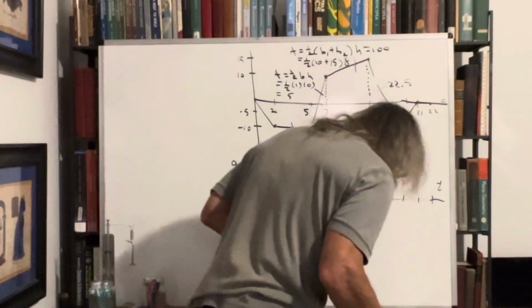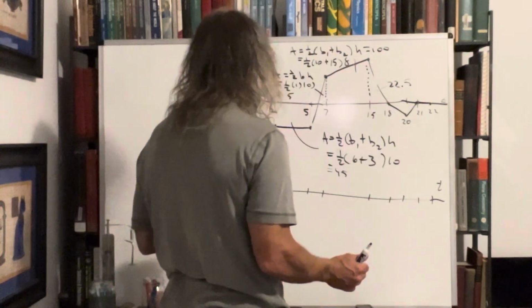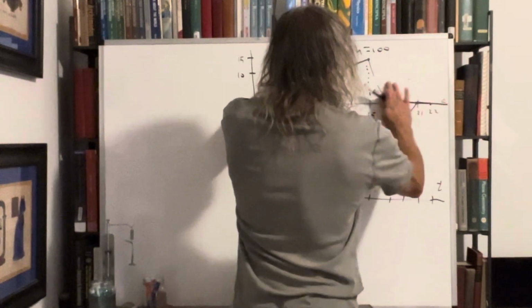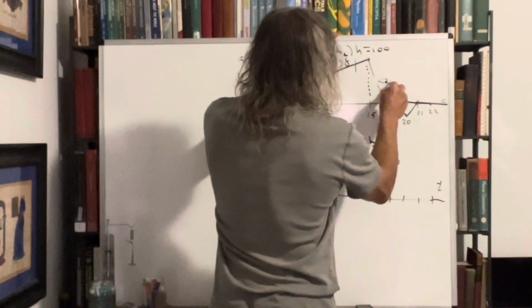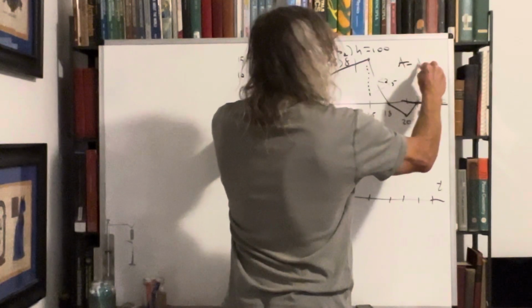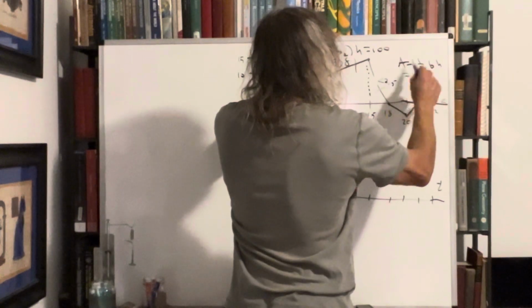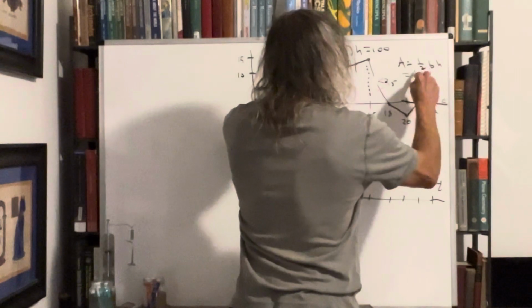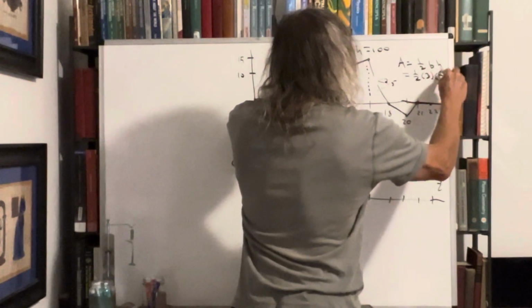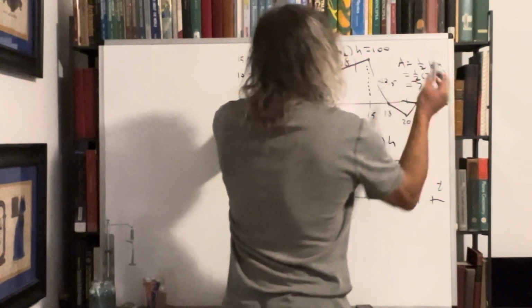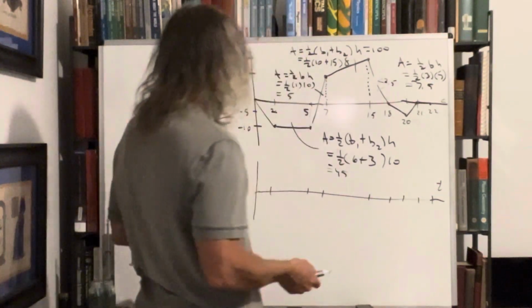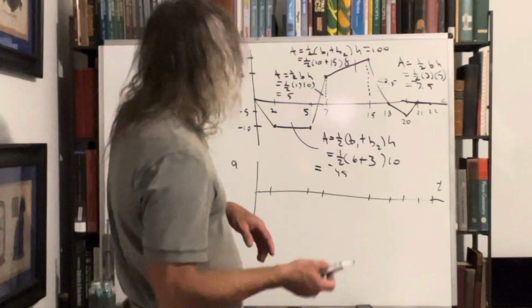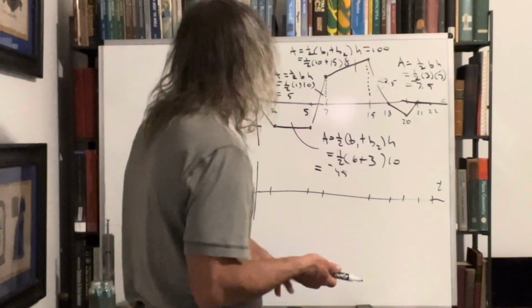It goes down to 5. And so the area here is 1/2 times 3 times 5, 7.5, but negative, and then that was negative. And then we added it all together to get the total displacement.